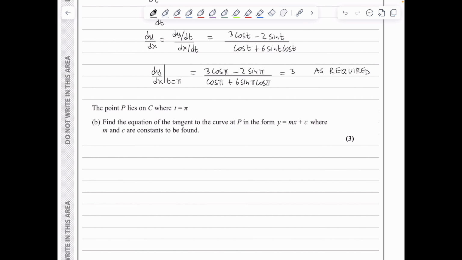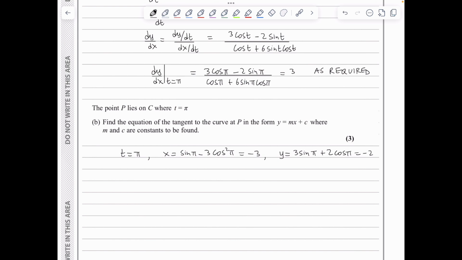So let's start with the value of the parameter t is equal to pi. This means that x is equal to sine of pi minus 3 cos squared pi. So we're trying to find the coordinates of the point. This gives an answer of negative 3. And for y, we're looking at 3 sine pi plus 2 cos pi, which gives an answer of negative 2.